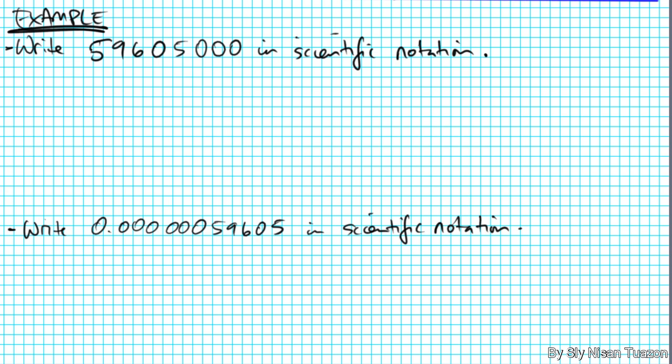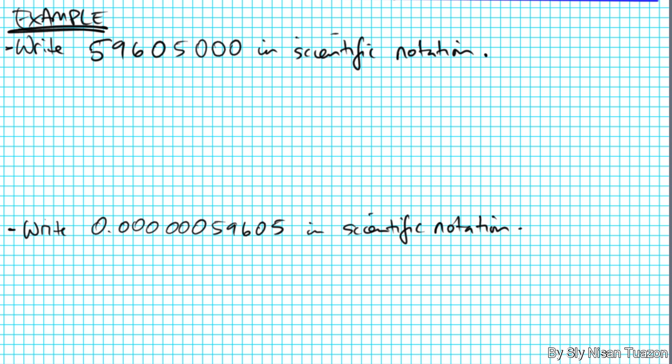As an example, if I wanted to write 59,605,000 in scientific notation, I'm going to need to represent this with a number between 1 and 10. I can't use 59, I can't use 596, I can't use 59,605.